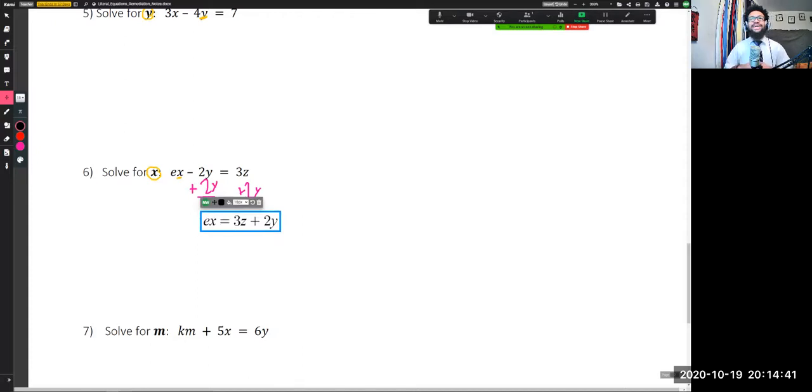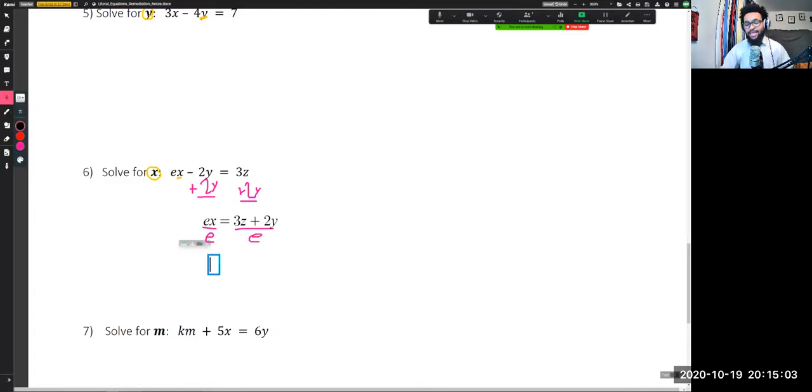And now I have this e times this x. I'm solving for x. And I see that e is being multiplied to that x. And I know that because those two are smooshed right up next to each other, that indicates multiplication. And to do that inverse operation, I am going to divide by e.